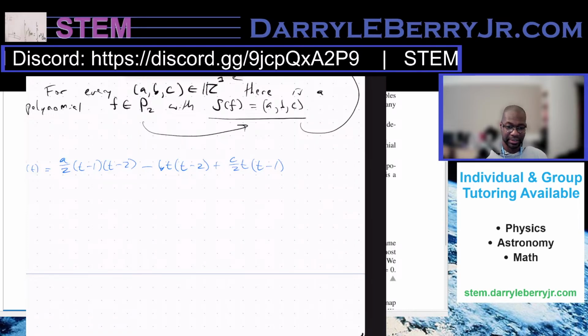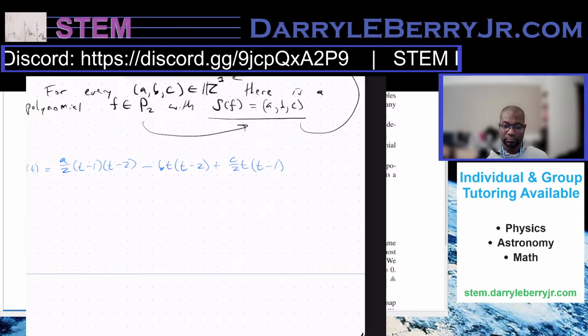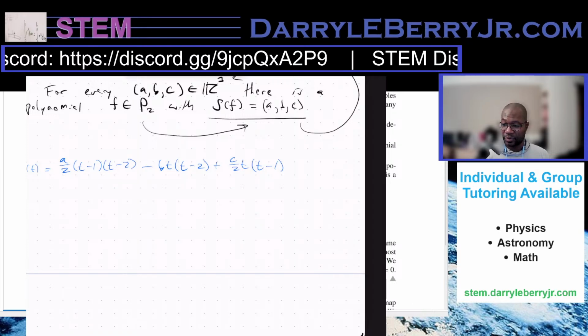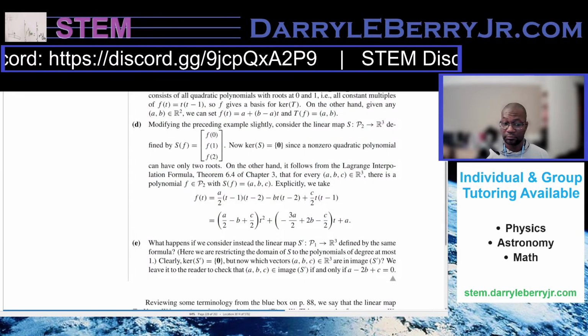Right, so I'm not sure why they did that. So why don't we go to chapter 3 and see what theorem 6.4 is?